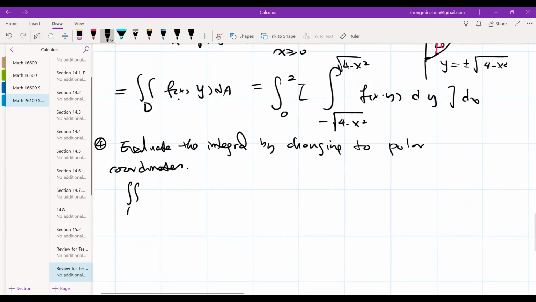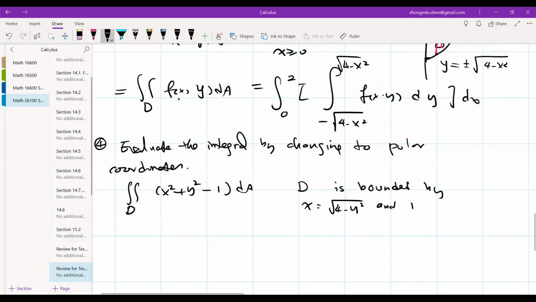Right, so this is the double integral over D of x squared plus y squared minus 1 dA. What is D? Well, D is going to be bounded by the semicircle and the y-axis. Actually, this is the same D as above.